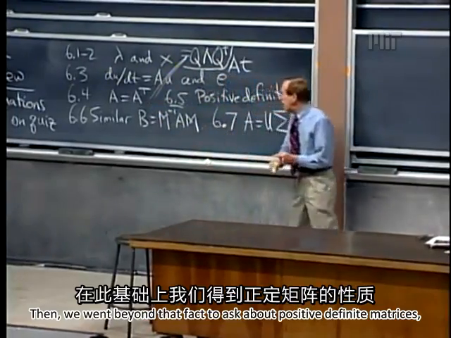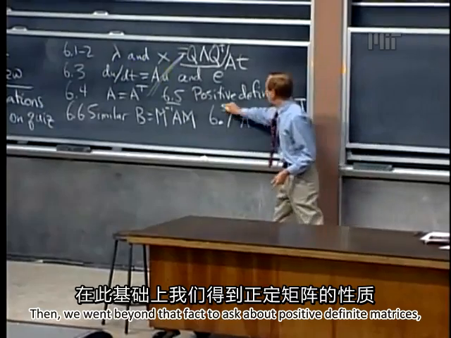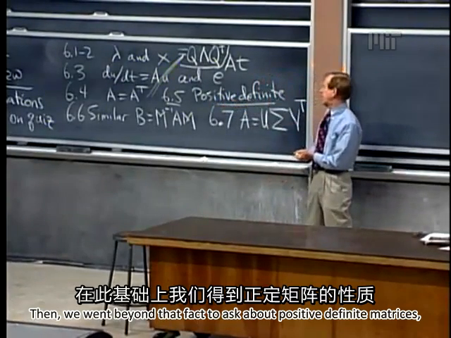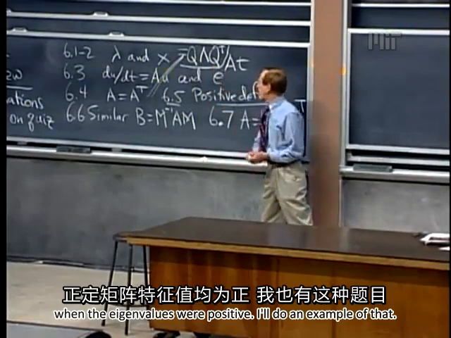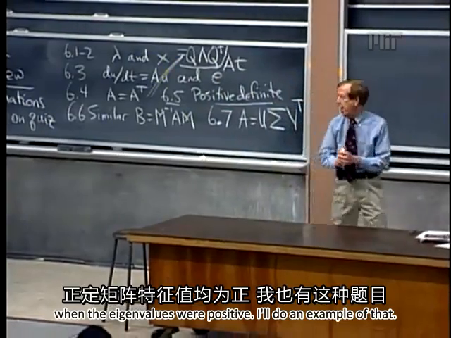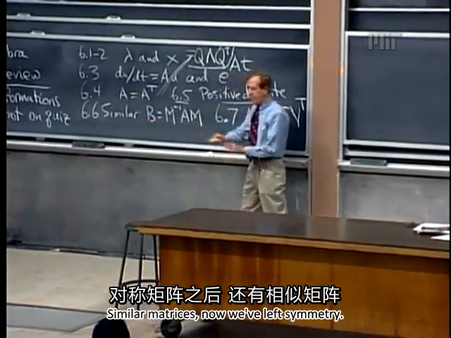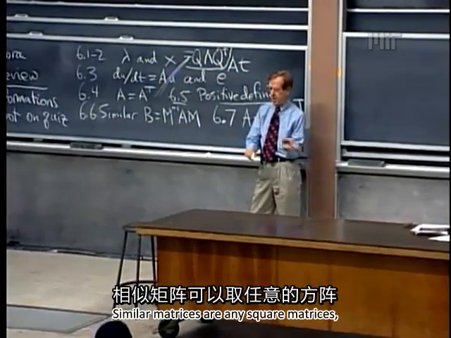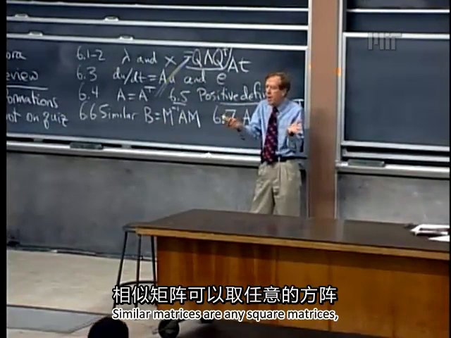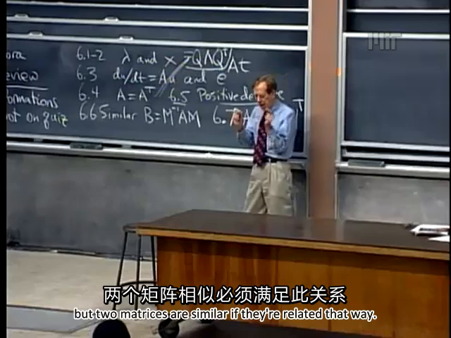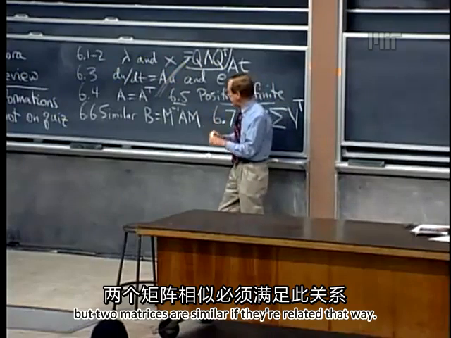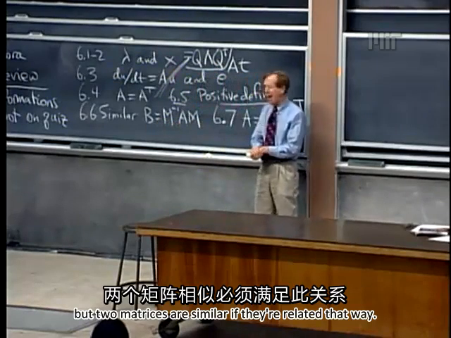Okay, then we went beyond that fact to ask about positive definite matrices, when the eigenvalues were positive. I'll do an example of that. Similar matrices, now we've left symmetry. Similar matrices are any square matrices, but two matrices are similar if they're related that way.